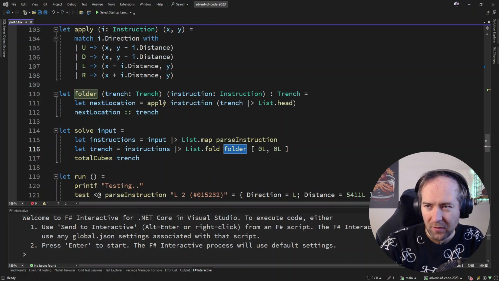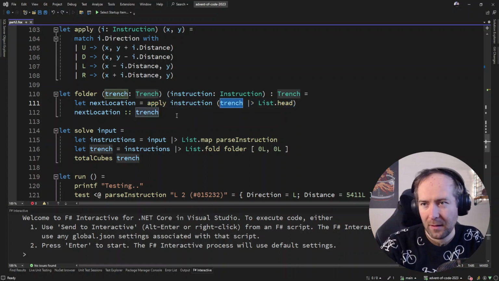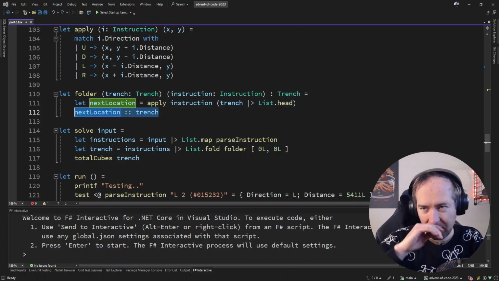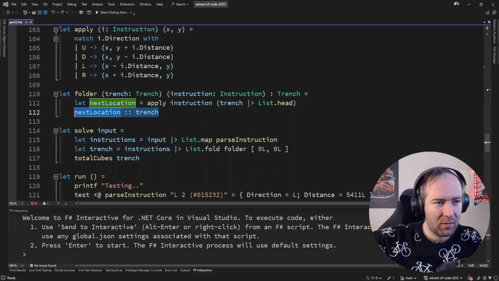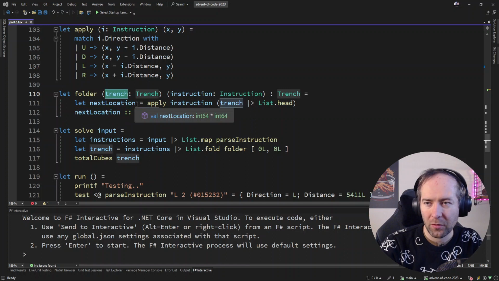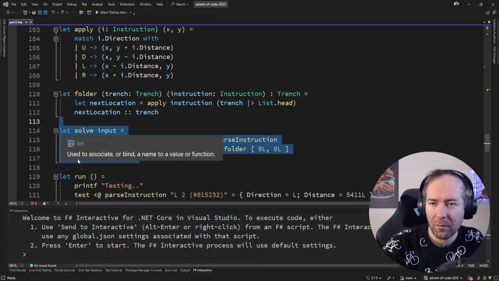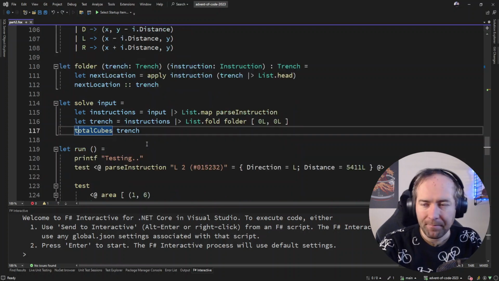And the folder function just applies the next instruction to the current location, which is the first element in my trench corner list. And then I just append the next location to that list. And this keeps calling itself, building that trench list, or the list of corners of the trench. And once I have that, I can just do my shoelace Pick's theorem magic, and I get there.